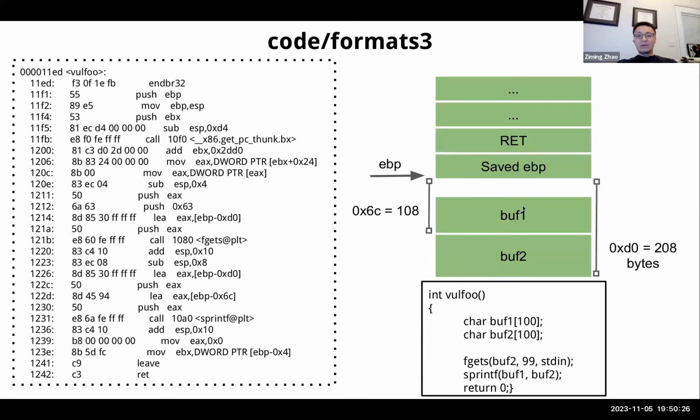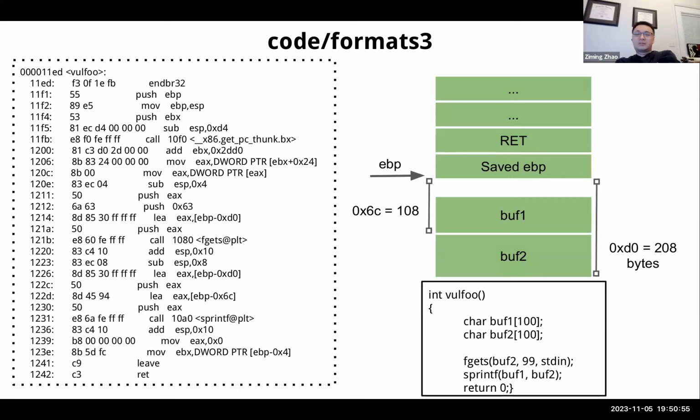And for buffer 1, whatever is generated from our format string will not be output to our terminal since we are not using printf. Instead, it will go to the buffer because it's sprintf. And because of that, we will be overwriting the whole thing, right? So this one, there is no canary there.